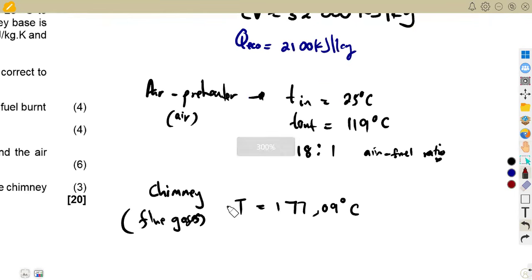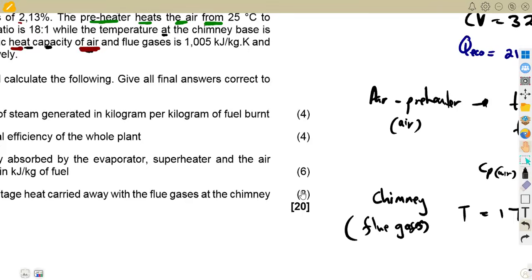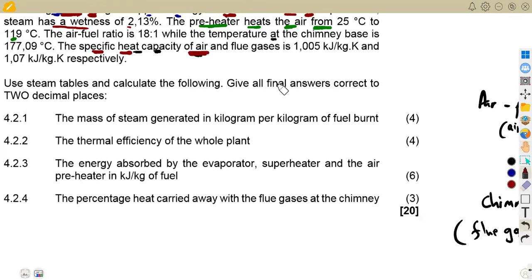So we've got the specific heat capacity for the gases in this case. Sorry, I'm taking two things at the same time. The first one was for air. So we've got Cp air in this case, which is 1.005 kilojoules per kg Kelvin. Then the other one that we are given here is for the flue gases.